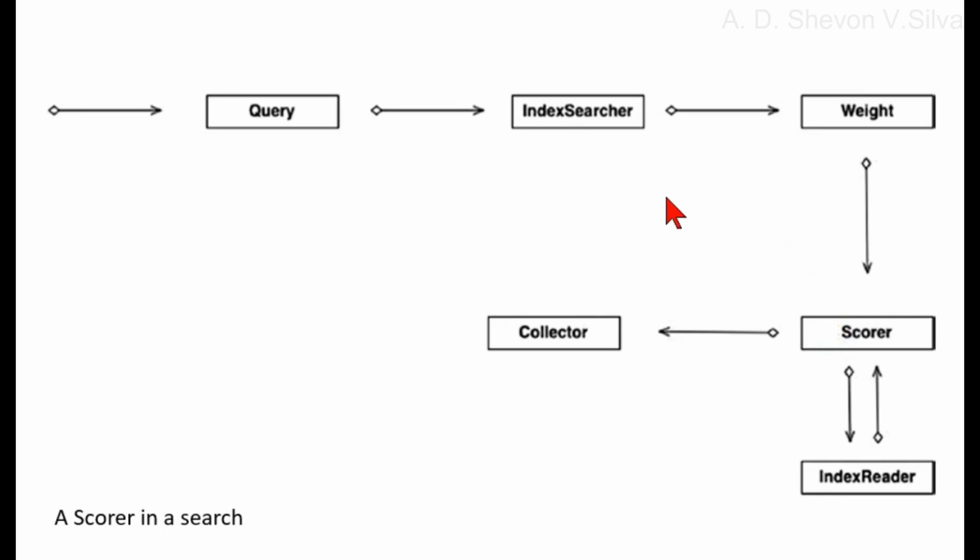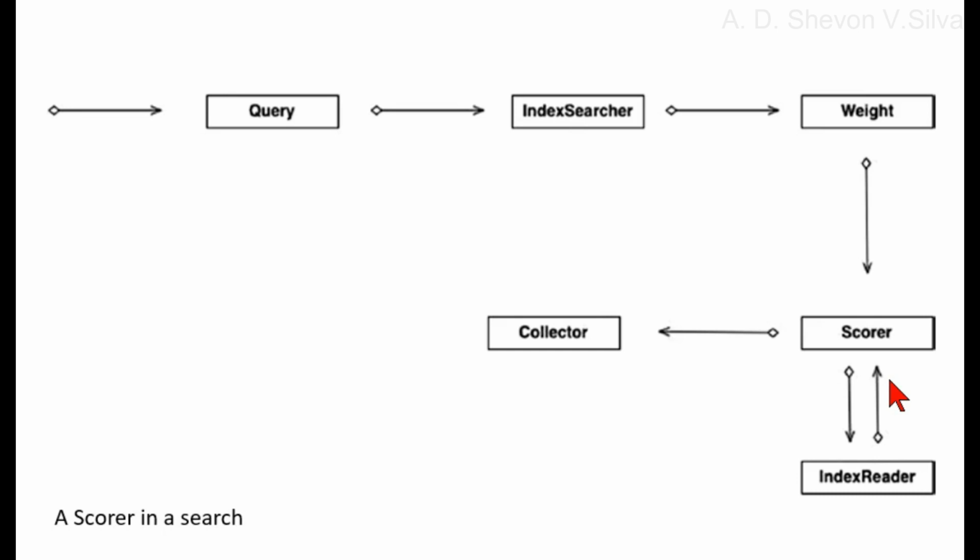If term vectors are enabled for the field, the scorer can get access to the term vector and perform even more elaborate operations.